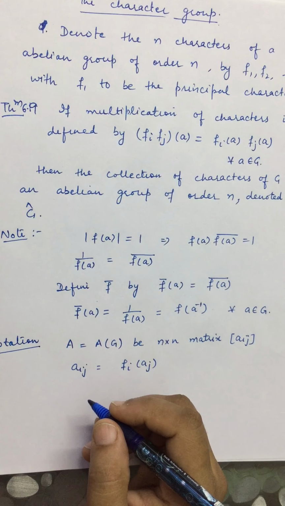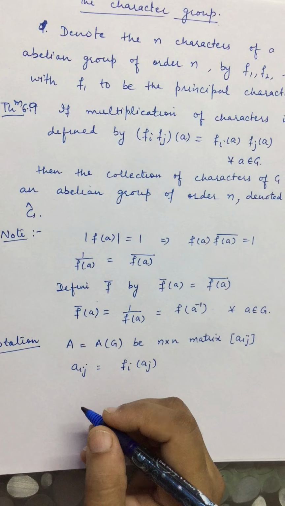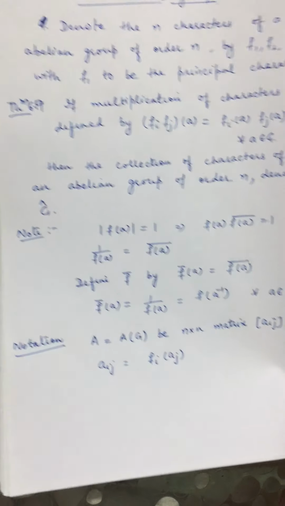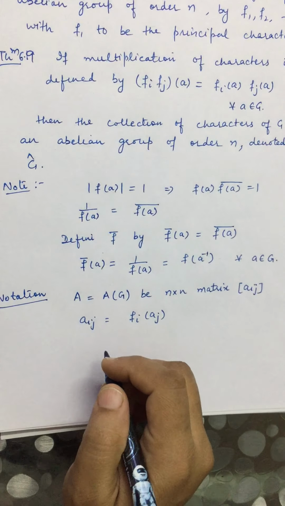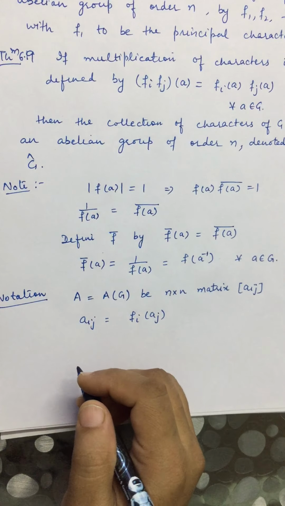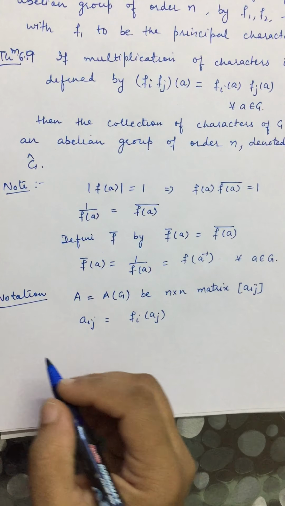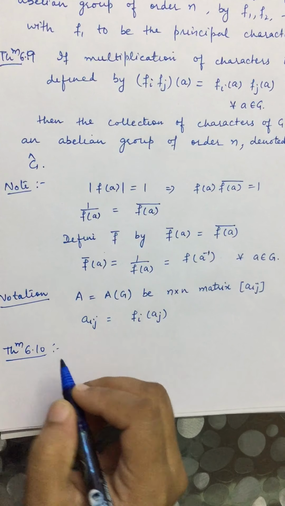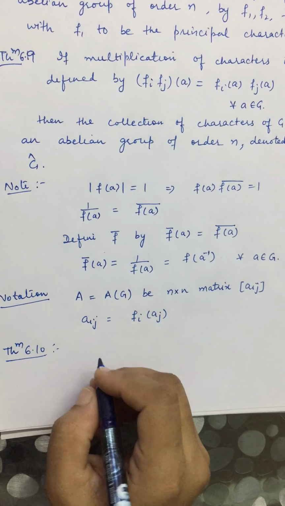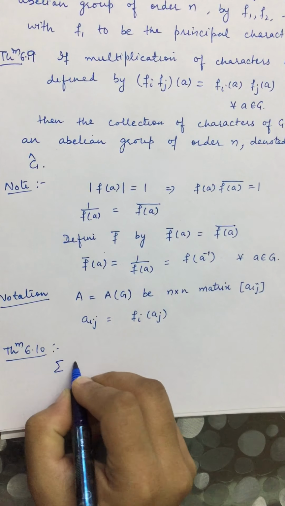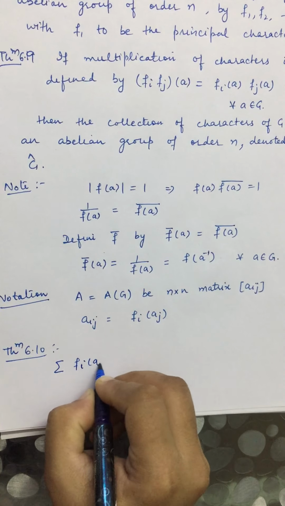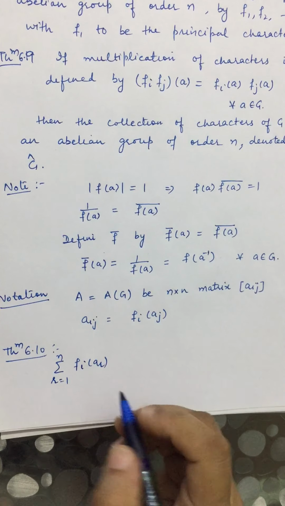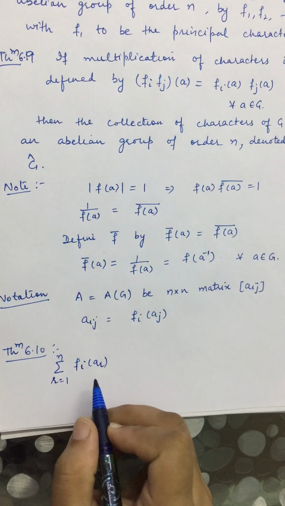Firstly, we determine the sum of entries in each row of A. So we have theorem 6.10, which says the sum of entries in the ith row of A is given by the summation of fi(ar), r varying from 1 to n. This denotes the sum of all the elements in the ith row.